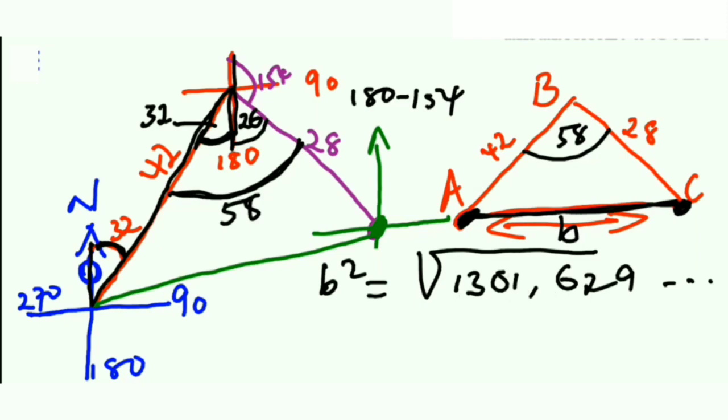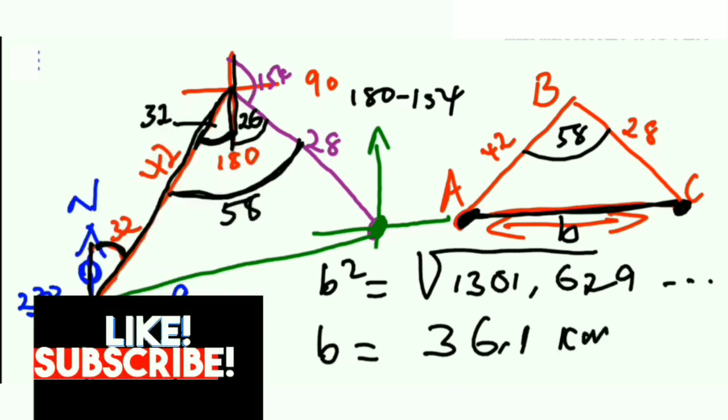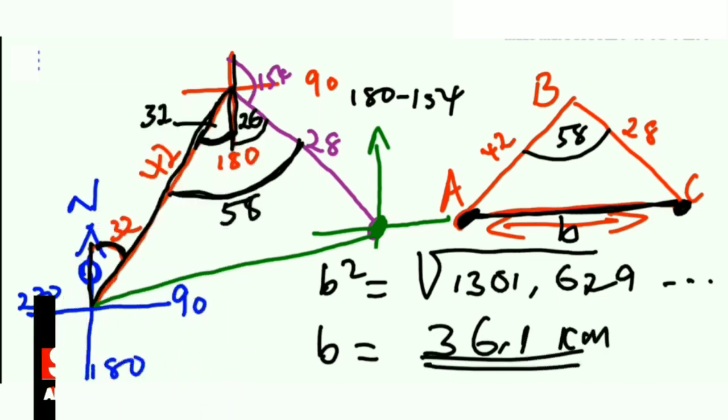So square root of the answer. So B equals 36.1 kilometers. So this is the answer. This is the distance of the man now from the base camp. 36.1 kilometers.